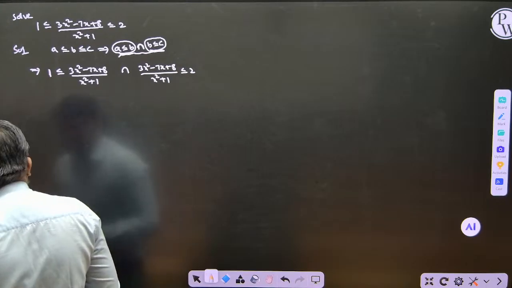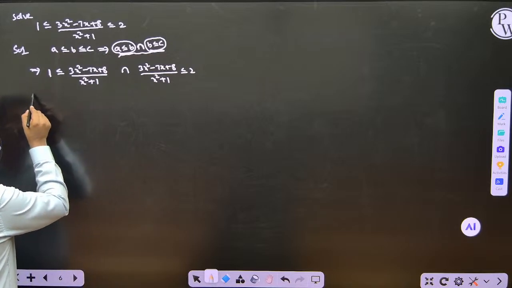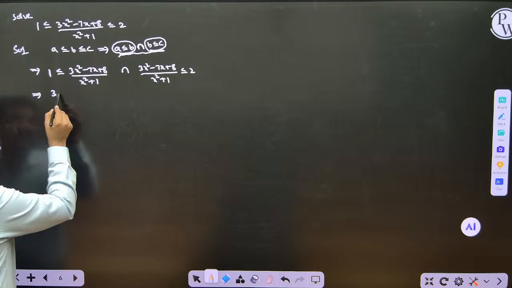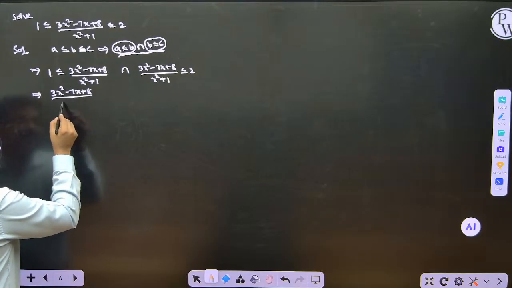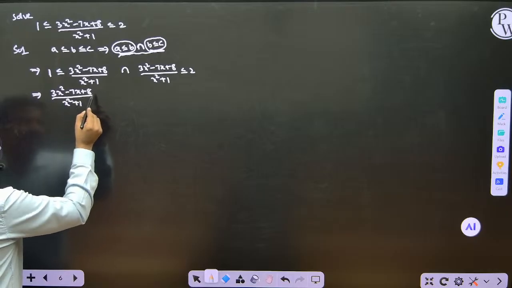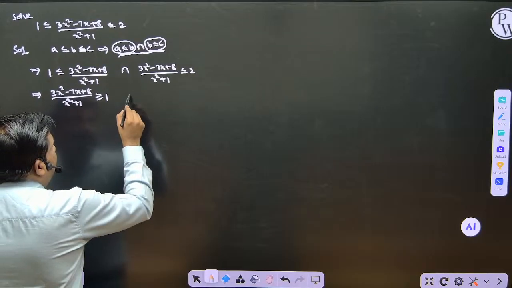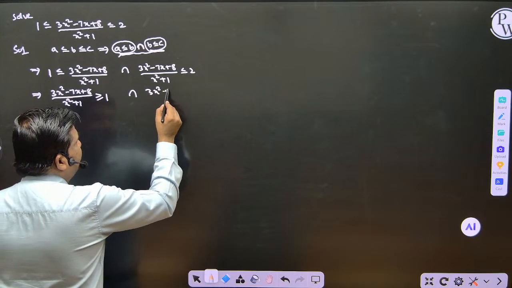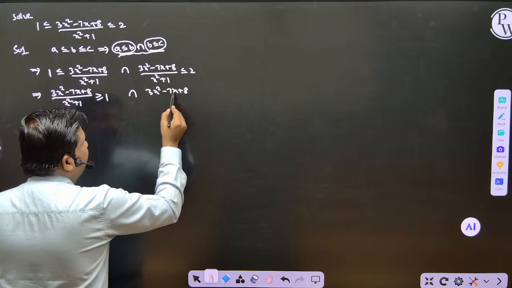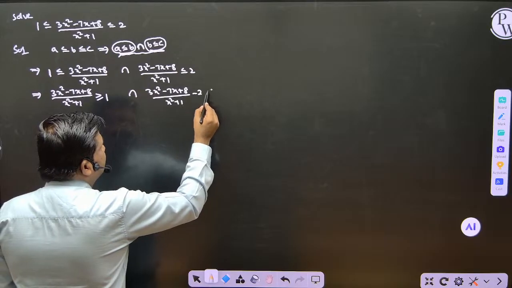So first you solve this one. Take cross multiplication. 3x square minus 7x plus 8 by x square plus 1 greater than or equal to 1, and 3x square minus 7x plus 8 by x square plus 1 minus 2 less than or equal to 0.